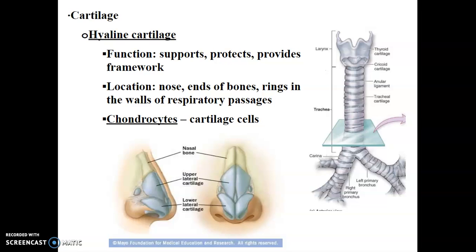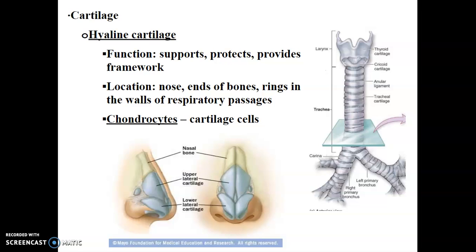It supports, protects, provides framework. And look at the places we see this, and you'll see how this framework kind of works. The nose, the bridge of your nose, you can push in on it, and it's got a little squish to it. That's because it's hyaline cartilage. It's not full bone or anything like that. It's connective tissue, yes, but it's got more collagen in it. The ends of bones, and also the rings of the respiratory passage is what holds our trachea open, our windpipe open, so it doesn't get squished in half or get cut off very easily.